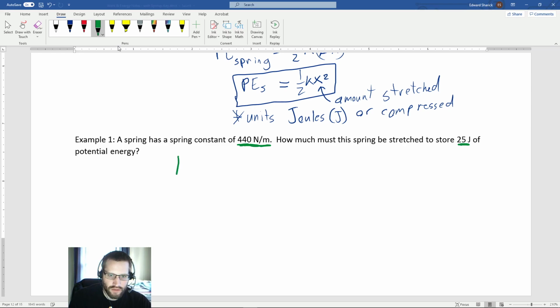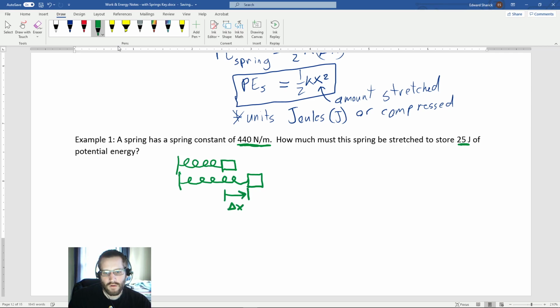So let's imagine, here's our spring at its natural length, unstretched. What we want to look at is how far we need to stretch this, delta x, if this thing is to have a potential energy of 25 joules.